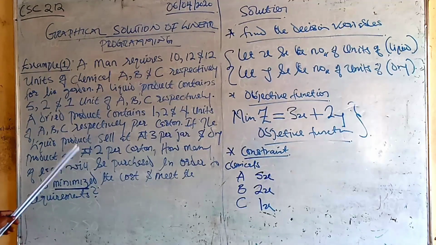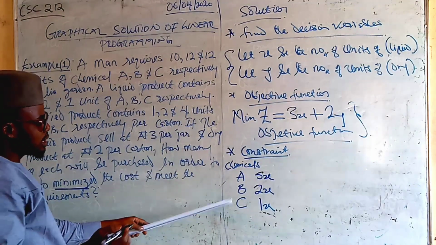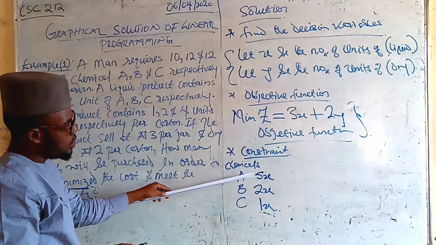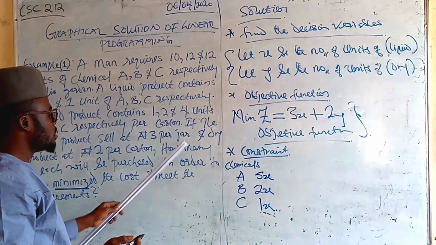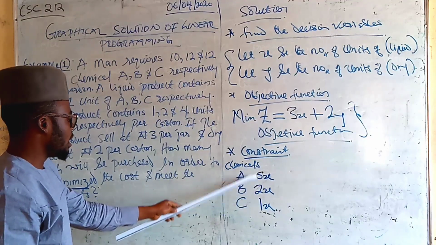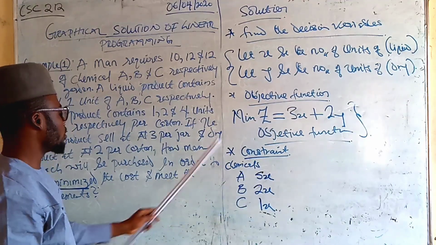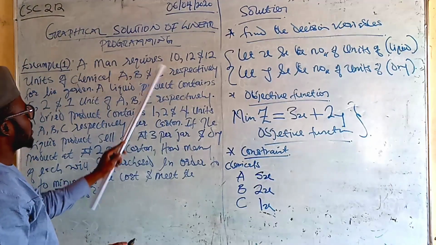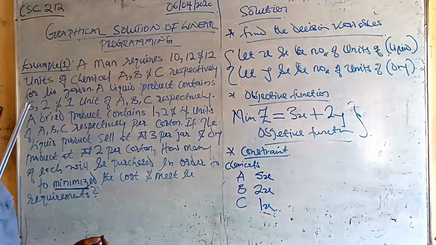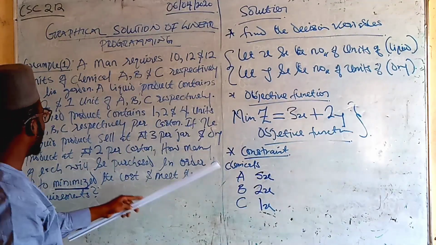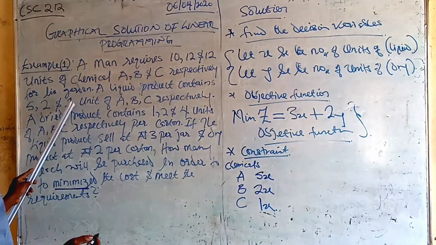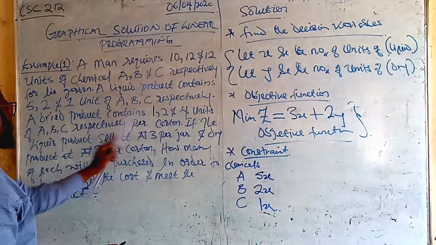So you see, the chemicals must contain both the liquid and the dry product. So we have put our liquid product here, as stated in the problem. Chemical A contains 5 units, chemical B contains 2 units, chemical C contains 1 unit.